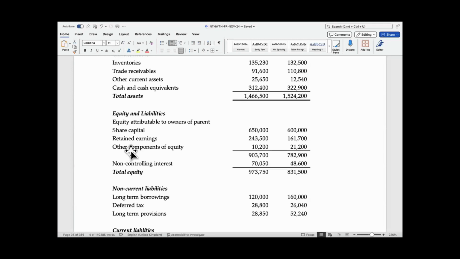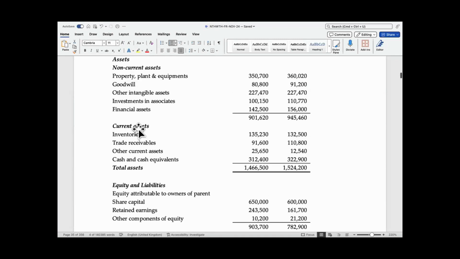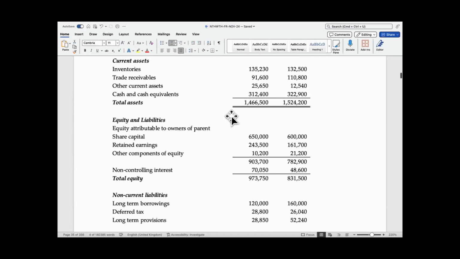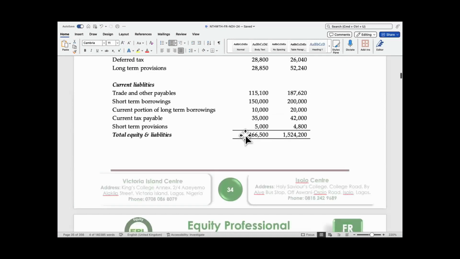You're also going to learn about NCI, which is also a component of equity. Kazim will teach you pretty much everything you need to know about that, and I'm sure he loves it so much; he will spend a lot of his time teaching you that. So that is the statement of financial position. Ultimately, your total assets will equal your total equity and liabilities.